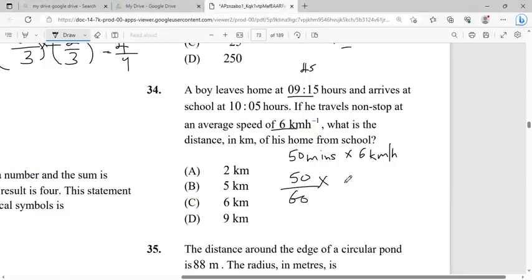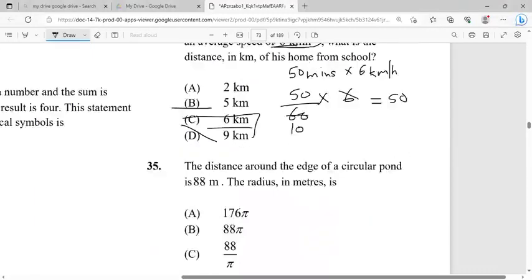That much we know. And then times it by 6. So when we work this out, 6 goes into 60 10 times. And then 50 divided by 10 gives us 5. Well, I knew because if it's traveling at 6 kilometers per hour and it doesn't reach an hour, we know it can't be any of the ones that reach an hour yet. And this one would be too little. So just in case you're in an exam and you don't know, why did I put 60? Because 60 minutes make 1 hour. And if you have 50 minutes, the fraction will be 50 over 60.